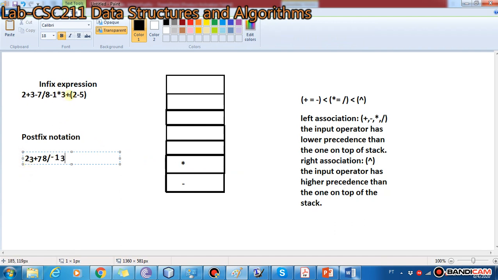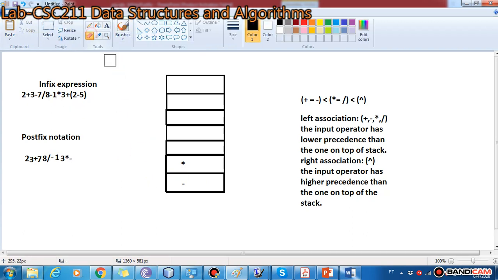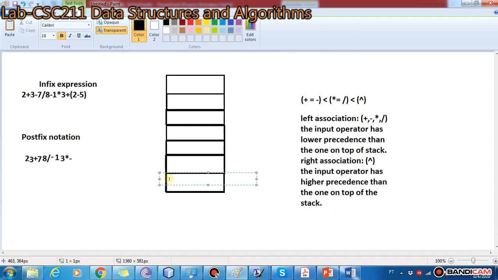Then plus has lower precedence than this, so this multiplication will be popped from the top of the stack. And then minus: they have the same precedence, left association, so this minus will also be popped, and then this plus will be pushed onto the stack. So both of these two are popped, and the plus was pushed onto the top of the stack.